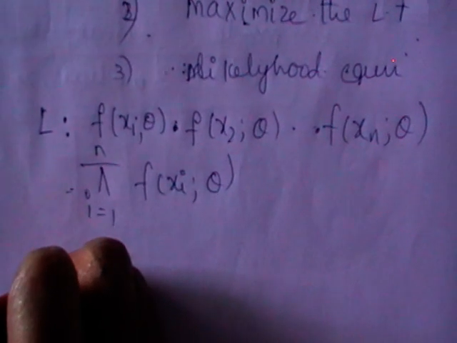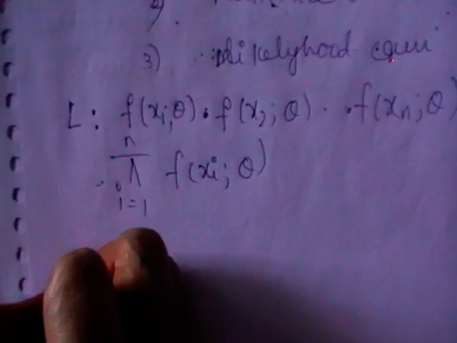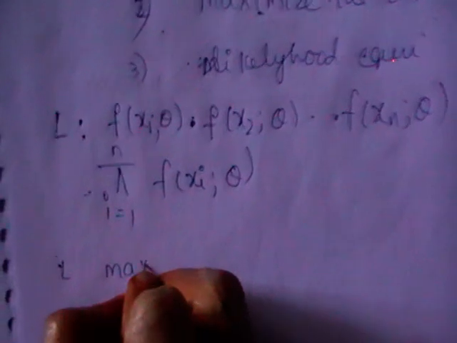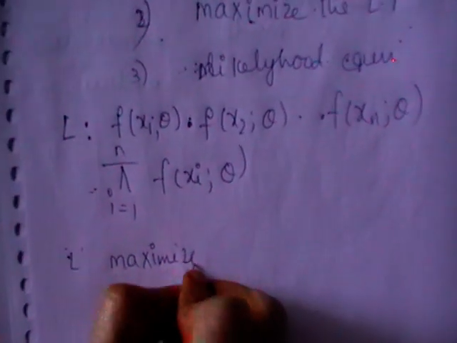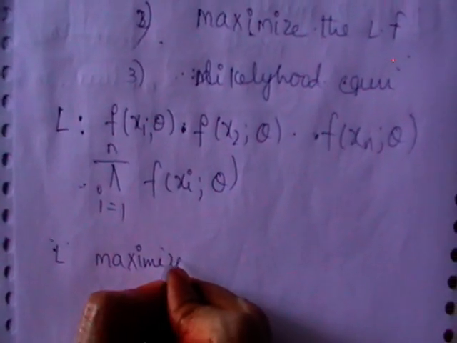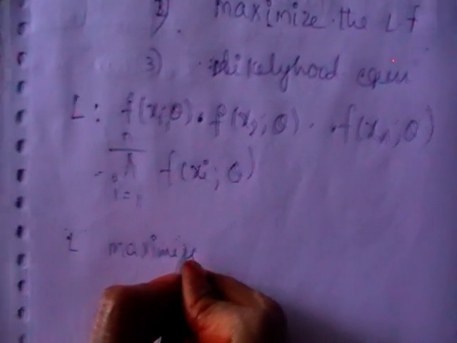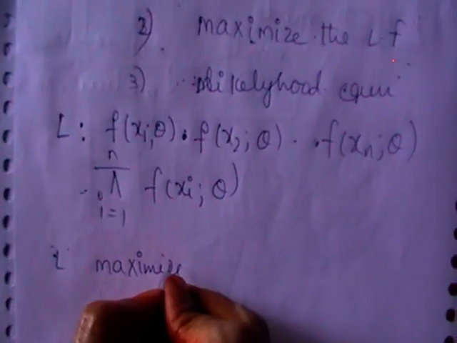Then you maximize. Now you need to maximize the likelihood function L. You know that generally we deal with binomial, normal and Poisson distributions. All those PDFs are of exponential type.